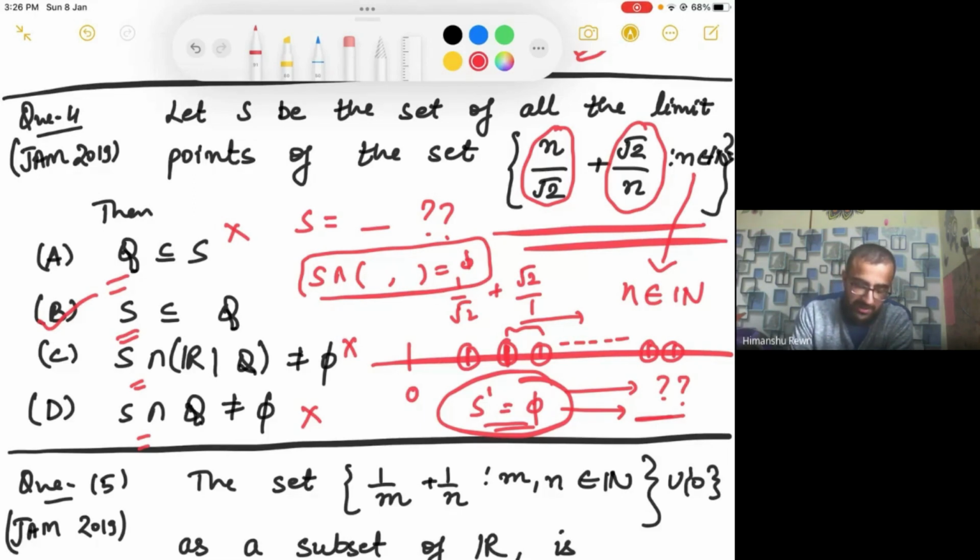So take the difference. Take a point s in S, and take s minus n divided by 2 root 2 and s plus n divided by 2 root 2.